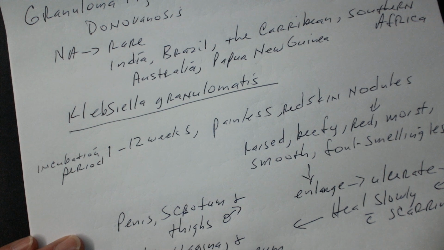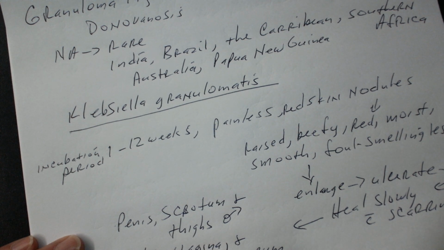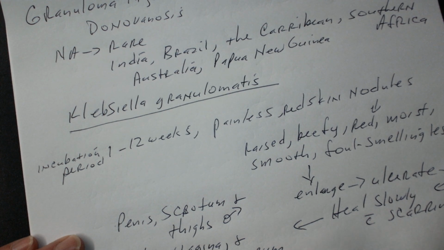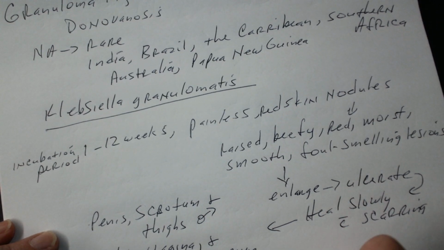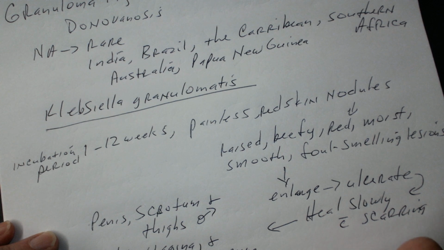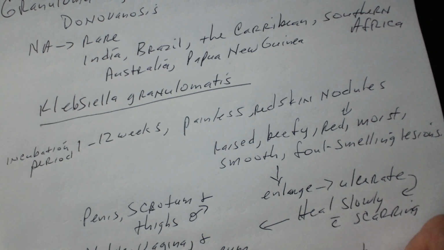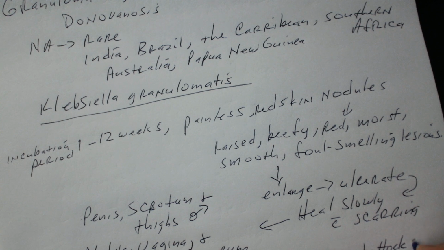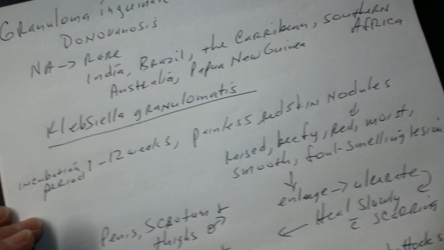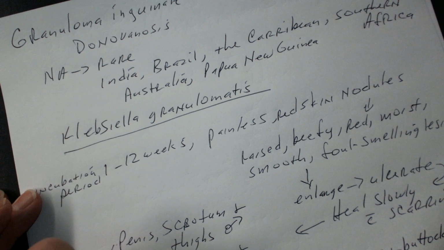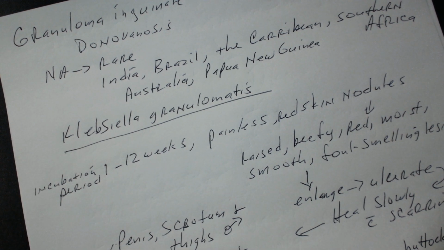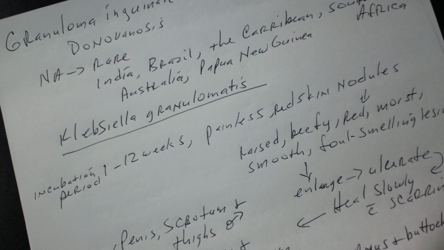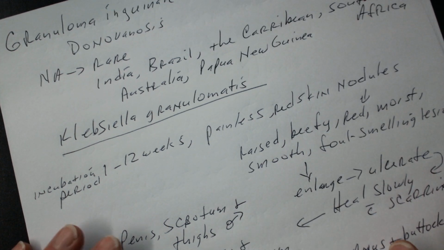If you have people engaging in anal receptive intercourse, then the anus and buttocks, and then also in both sexes, usually have lesions also on the face. These ulcers can be secondarily infected with other bacteria.